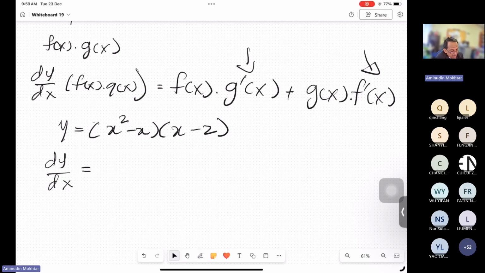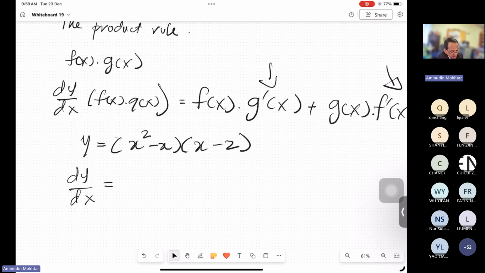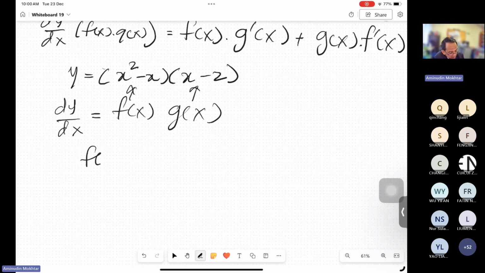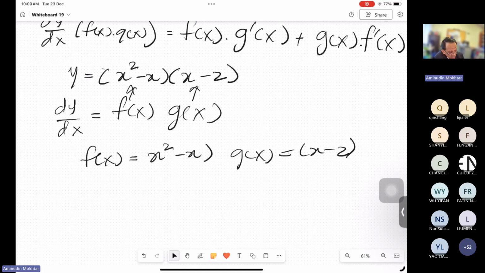The first part is x squared minus x, and the second part is x minus 2. I will show you how to apply the product rule in this case. Assume the first one is f(x) and the second one is g(x). We can write f(x) equal to x squared minus x, whereas g(x) equal to x minus 2.